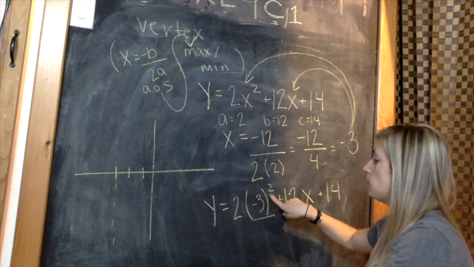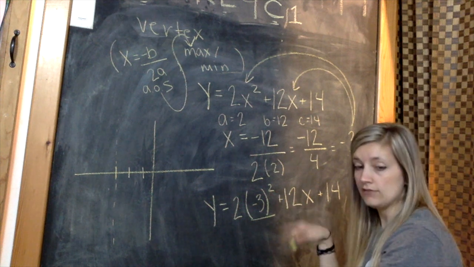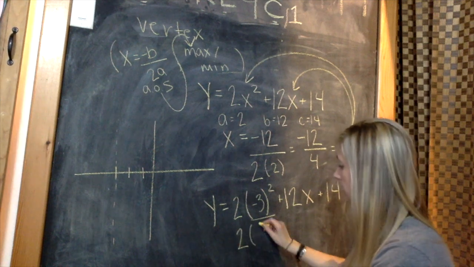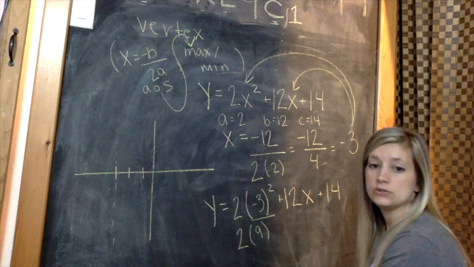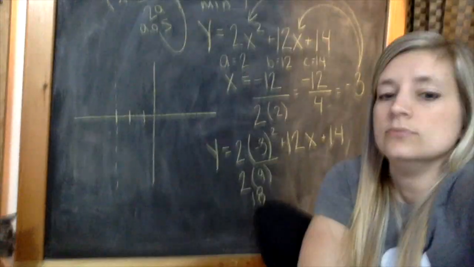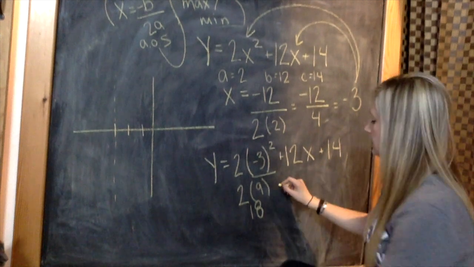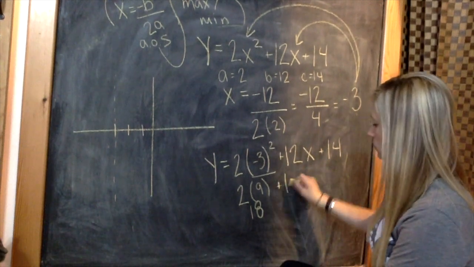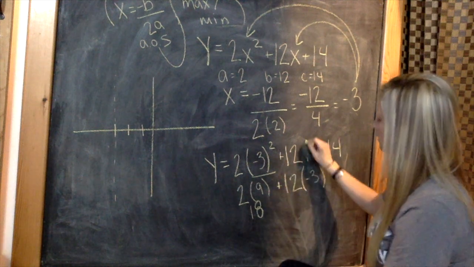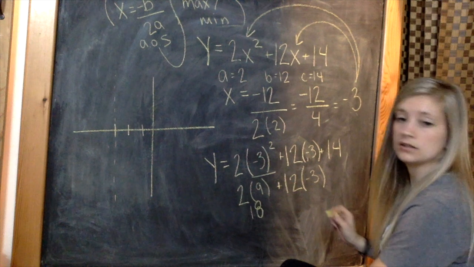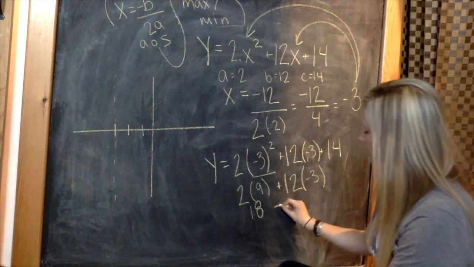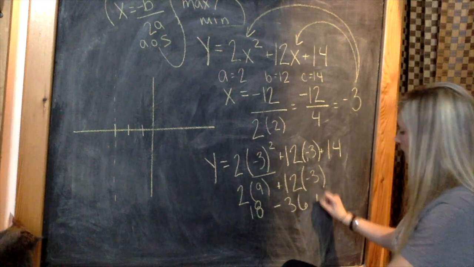So negative 3 squared: a negative times a negative gives me a positive, so this is just 2 times 9, which is 18, plus 12 times negative 3. Whoops, forgot to plug that in. So 12 times negative 3 is negative 36, plus 14.